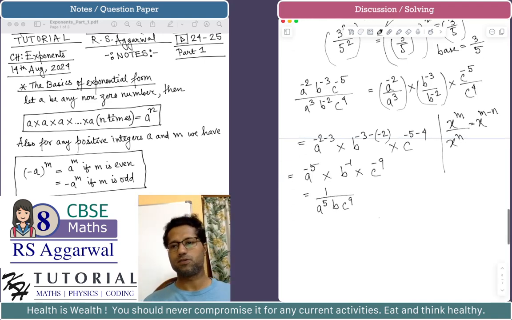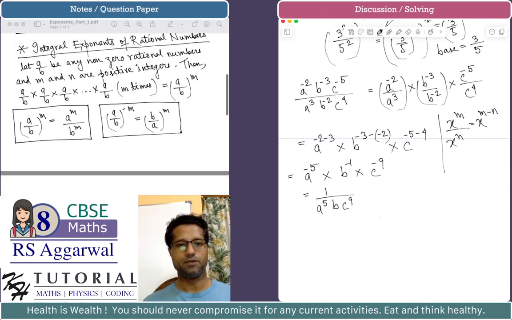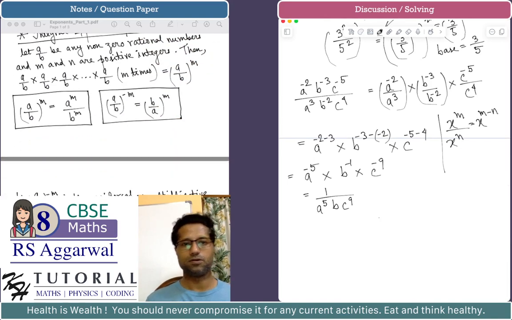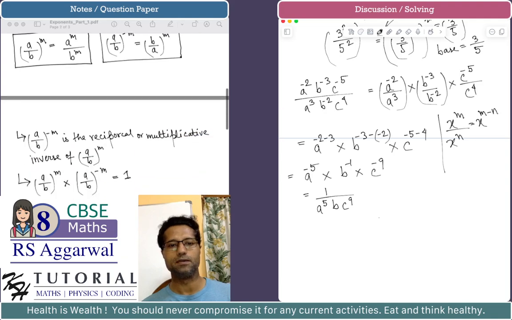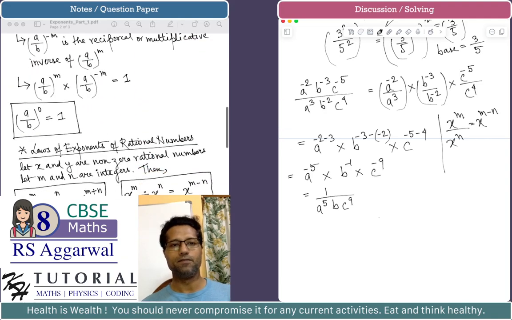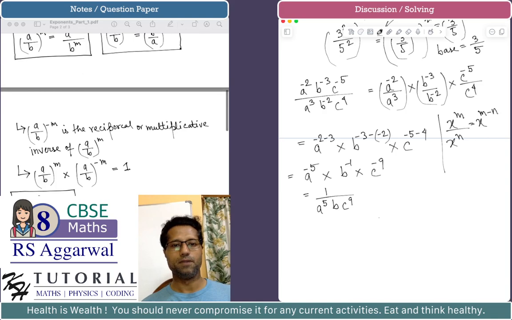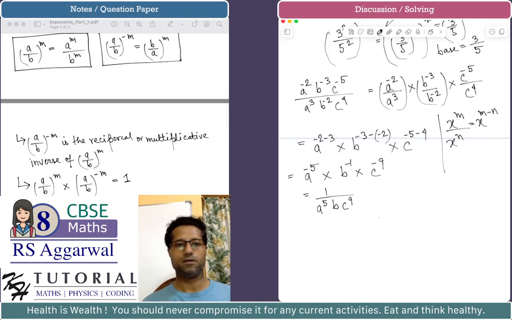It is all about the laws of exponents, using the laws of exponents and the very primitive results, that is, any non-zero rational number raised to the power 0 is 1, and the multiplicative inverse: any rational number, if its power is negative, that is (a/b) raised to the power minus m is equal to (b/a) raised to the power m.